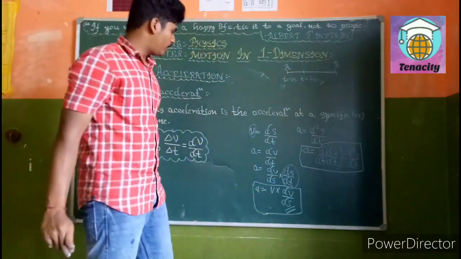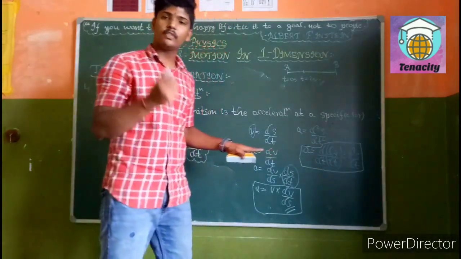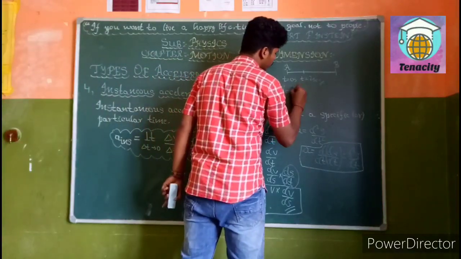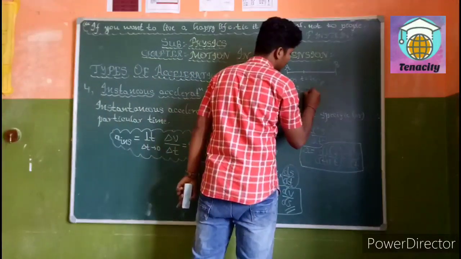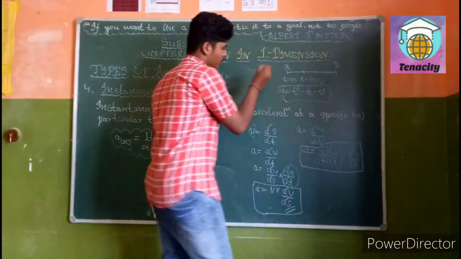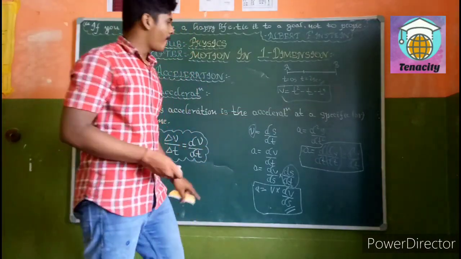When velocity is given in terms of t, you can directly differentiate velocity with respect to time.